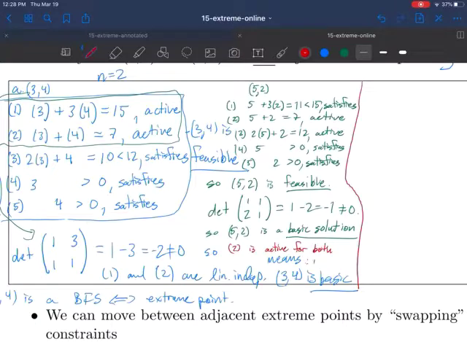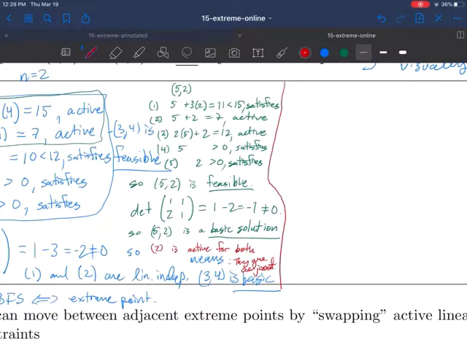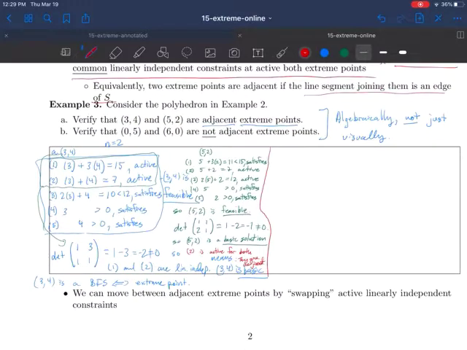In other words, they are adjacent. So they share this common active constraint.